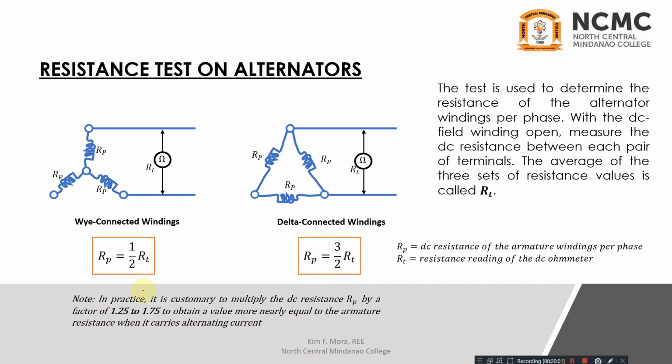And take note that in practice, it is customary to multiply the DC resistance RP by a factor of 1.25 to 1.75 to obtain a value more nearly equal to the armature resistance when it carries alternating current.